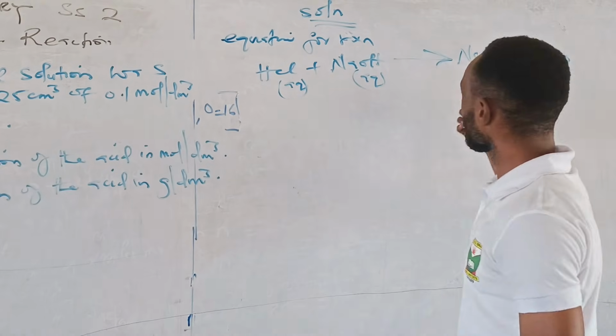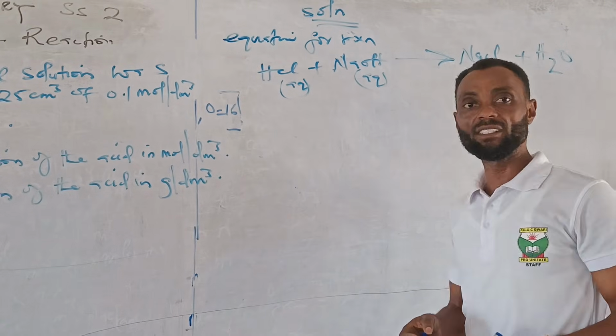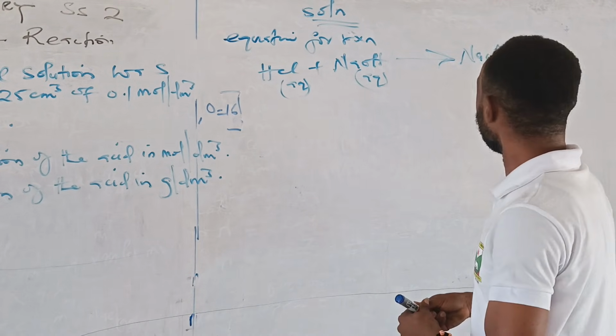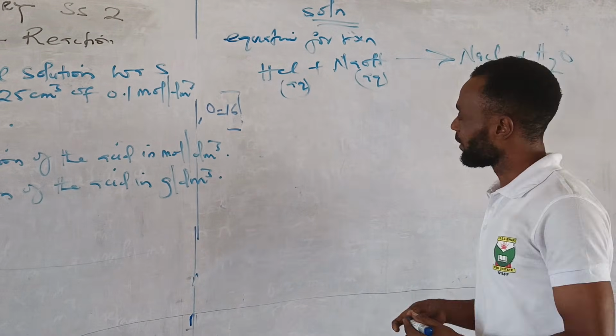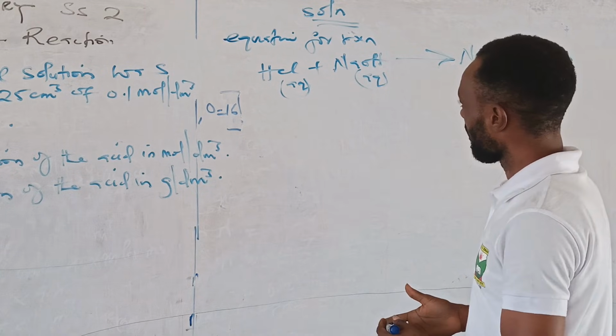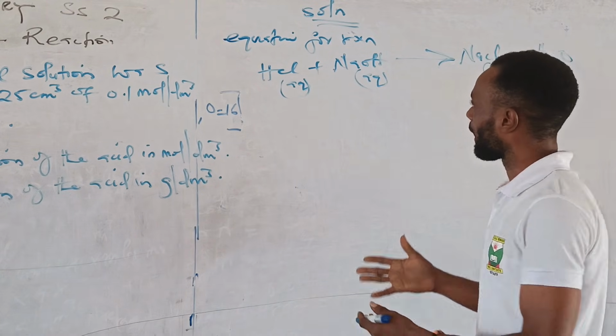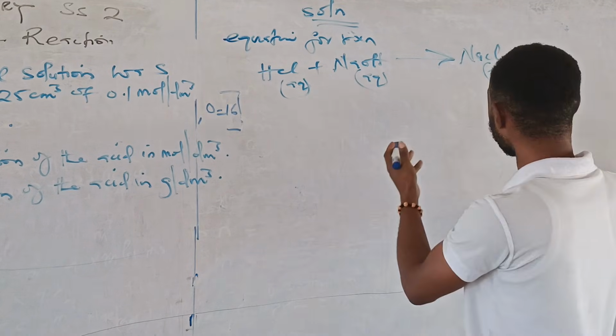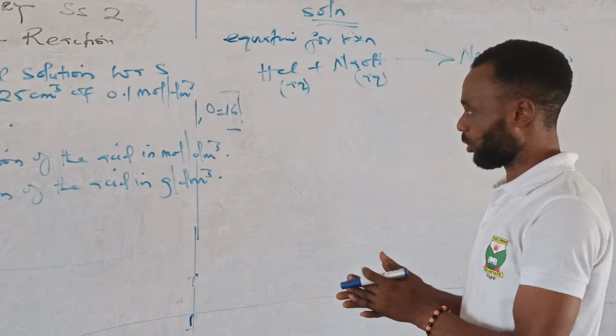Now, after writing the equation, the next thing you are to consider is to make sure that the number of moles on the side of the reactants and on the side of the products are equal.